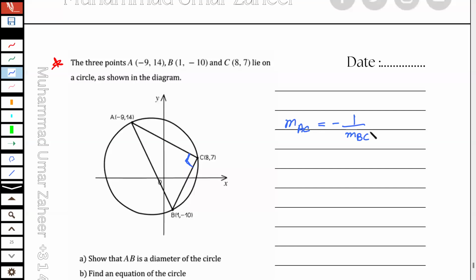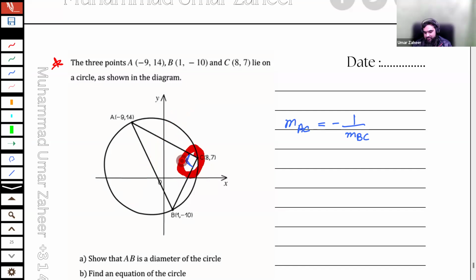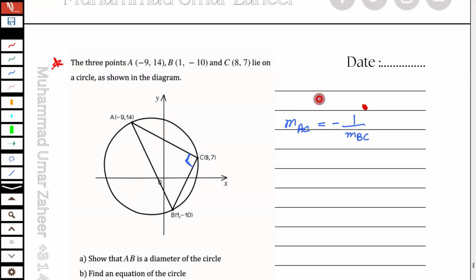Can we do the perpendicular bisector between A and C? So what will you get from there? We can prove if it's 90 degrees, this one. If you draw the perpendicular bisector here, how will you prove this angle is 90 degrees?